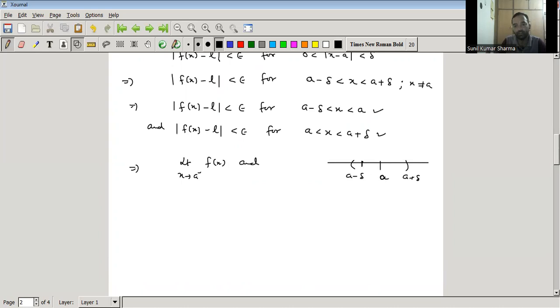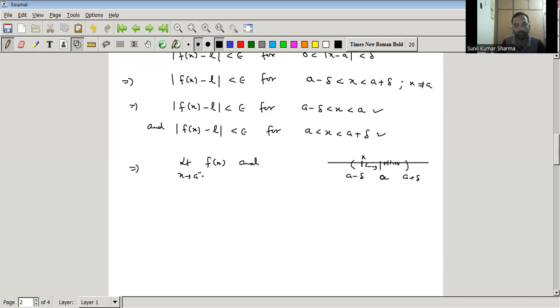If I take x here, then x goes towards a, so from the left hand side the function goes towards the value L. If I take x to be here, then again the function gives the same value.